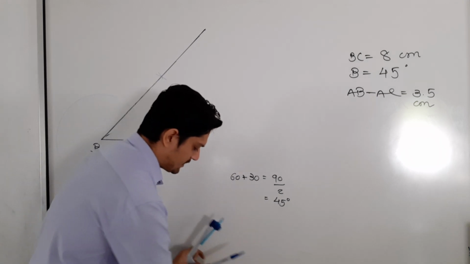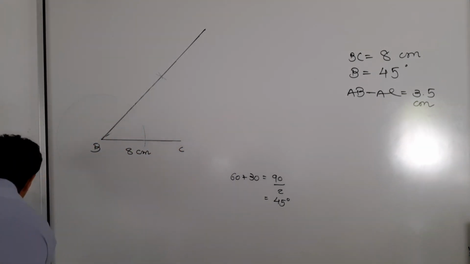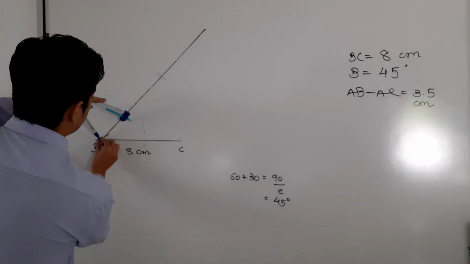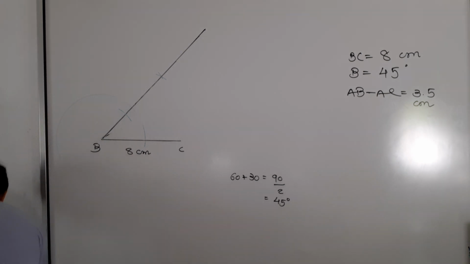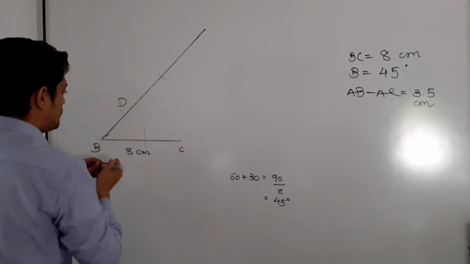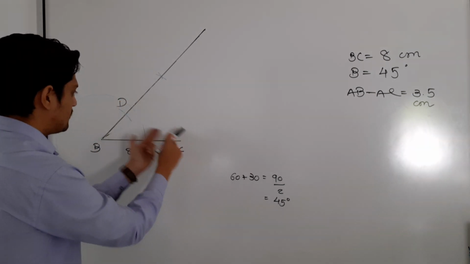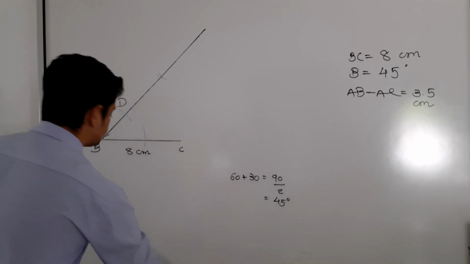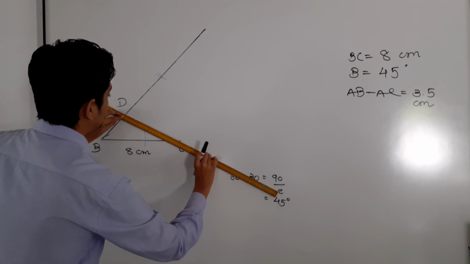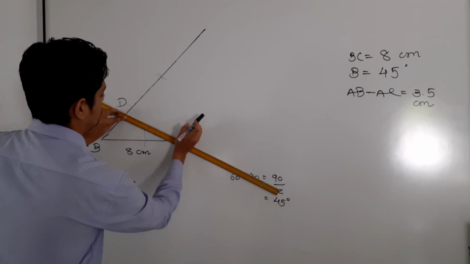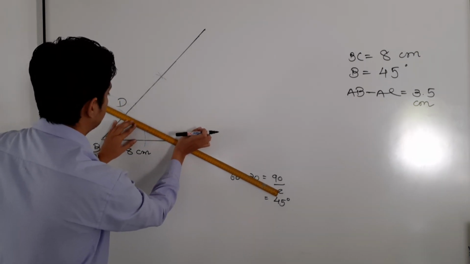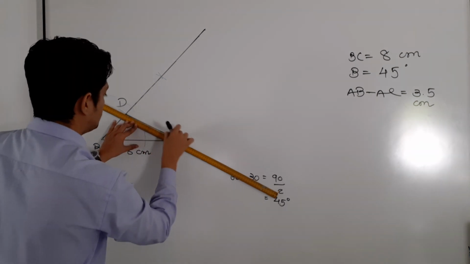This is our arc and this point you have to call D. Join this point to B, and then I will join DC.